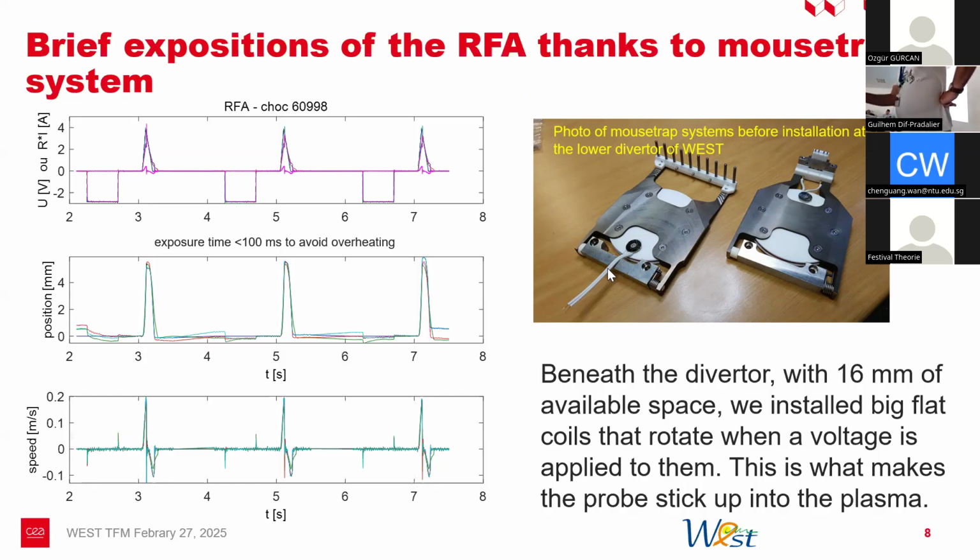So how it works is you have a coil. You can see the coil in white, which has, in this case, 36 turns with a diameter of about 10 centimeters. And when we put a current in the coil, the Lorentz force makes it want to move to align the magnetic moment with the toroidal magnetic field.